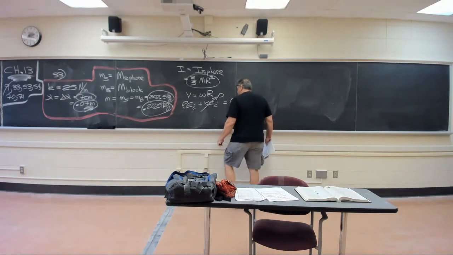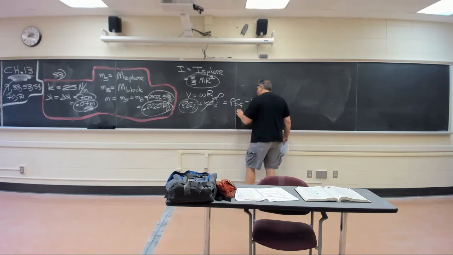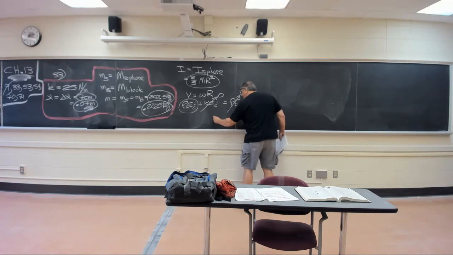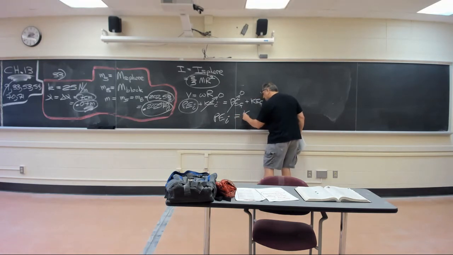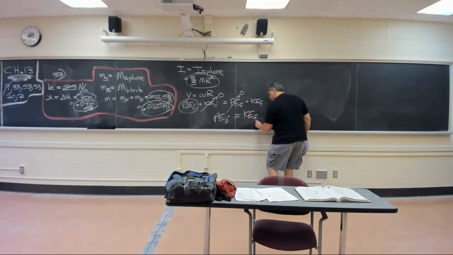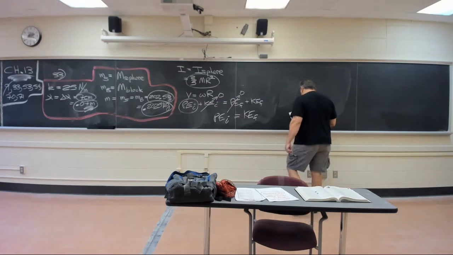Forgive me, no. It's all potential energy in the beginning because the spring's been compressed. The initial kinetic energy is 0. And at the end, there's no potential energy. So what are we talking about? Potential energy initial equals kinetic energy final.